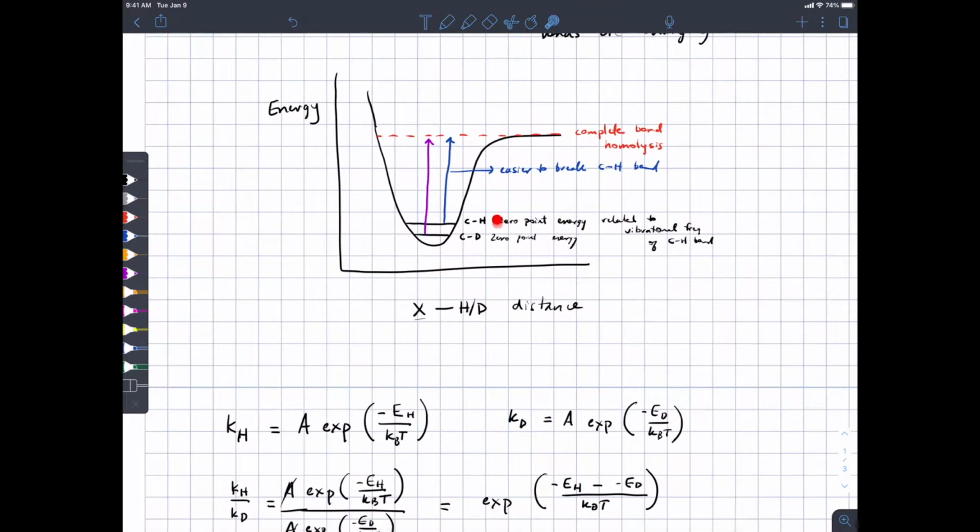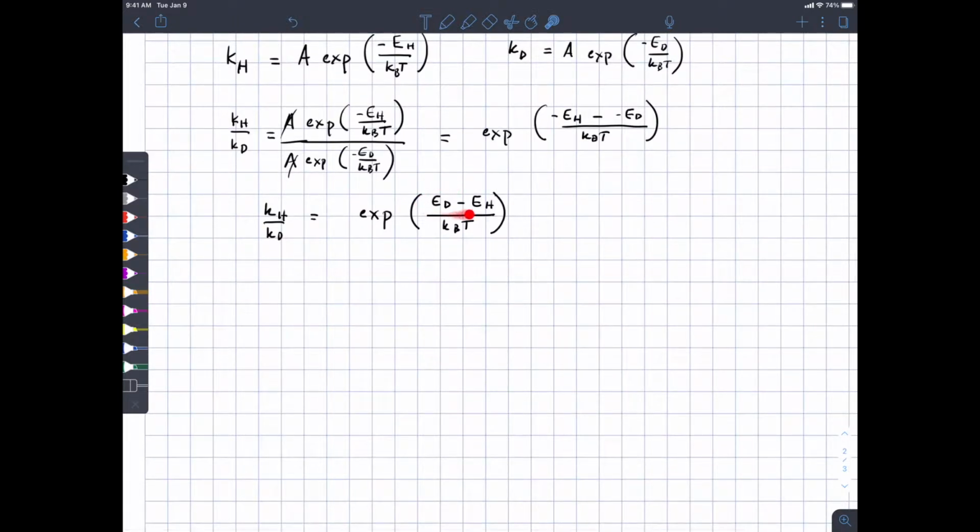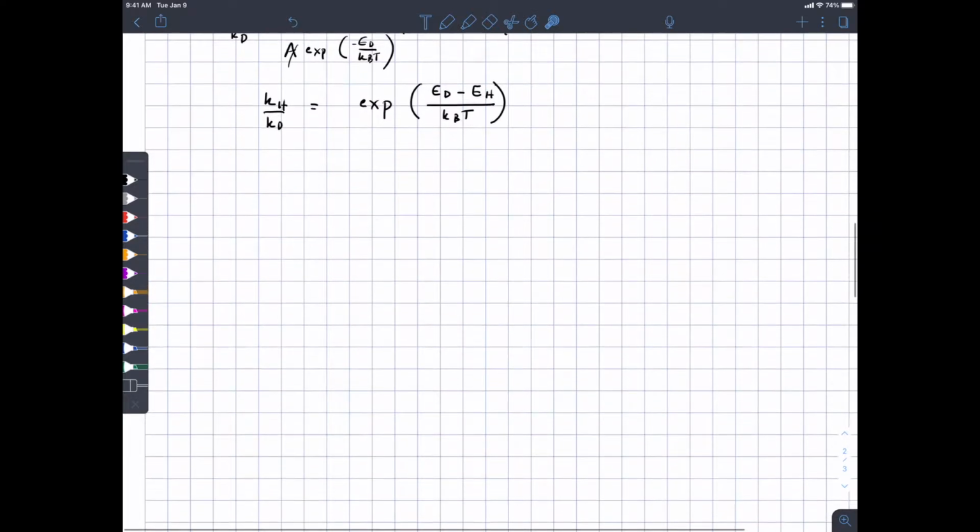But we need to figure out why these zero-point energies are different and why the activation energies vary with deuterium versus hydrogen. So let's talk a little bit about bond vibrations, because zero-point energy comes from quantized bond vibrations in a potential energy well.